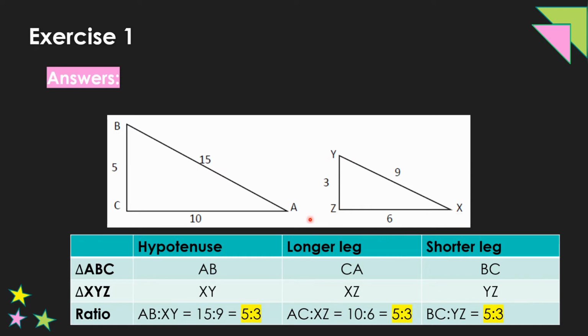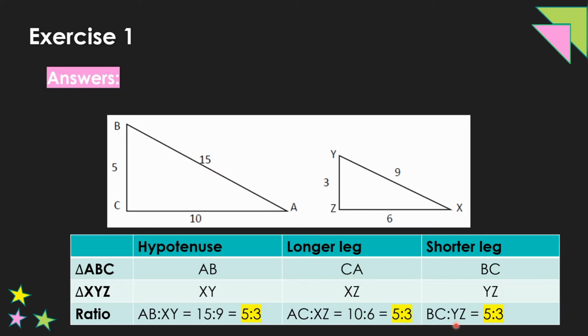Next, in the ratio, AB is to XY. AB is 15, XY is 9. So 15 is to 9. Simplify, that is 5 is to 3. Next, AC is 10. XZ is 6. 10 is to 6, so that is 5 is to 3.